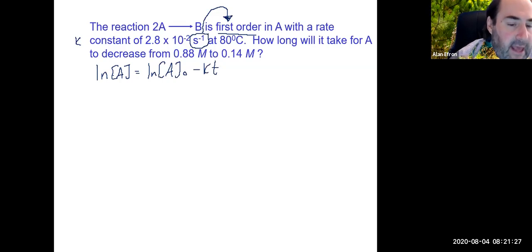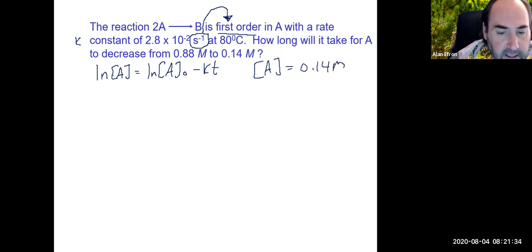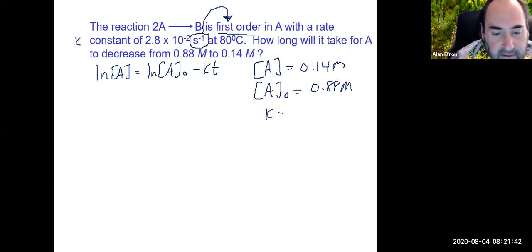Here, A is our final concentration, which in this case is 0.14. A naught is our initial concentration, which in this case was 0.88. And we have k given to us, which is 2.8 times 10 to the minus 2 reciprocal seconds. So we have everything that we need.